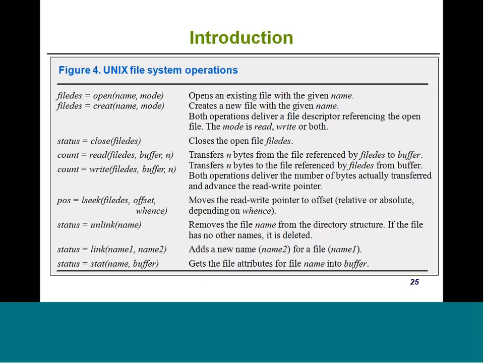Then we saw a soft link earlier. This is the hard link, link name1 name2. This adds a new name, name2, for name1. So again, it just provides another pointer to the same header information where the file name1 or name2 is.